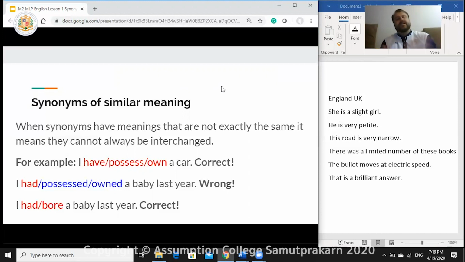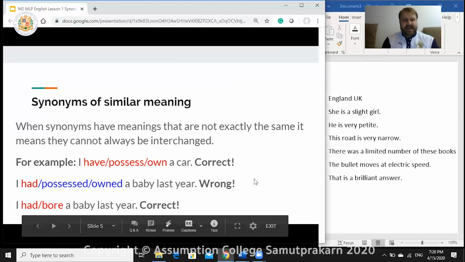So synonyms cannot always be interchanged because some of the meanings are slightly different. It's very important to know how to use those synonyms. Okay, right. Now let's move on to antonyms.